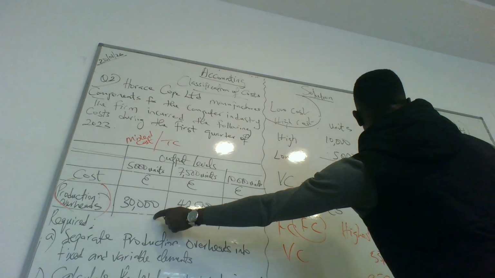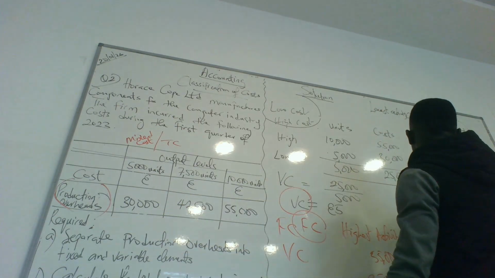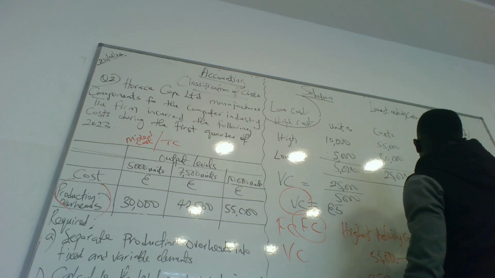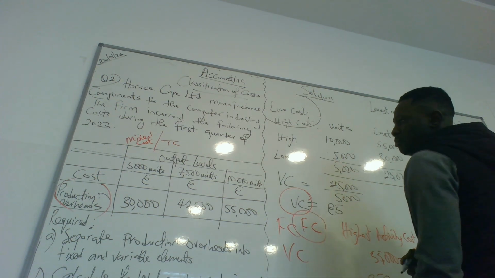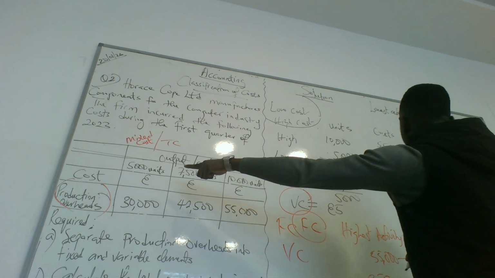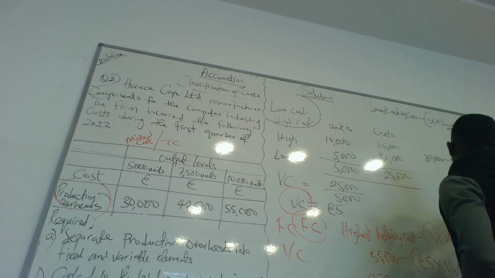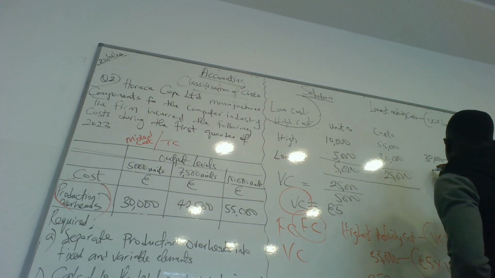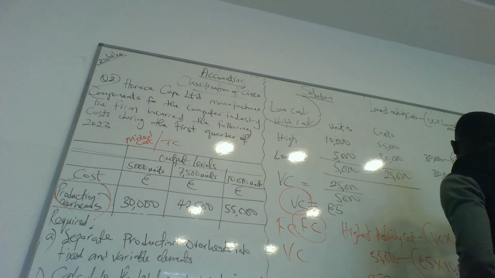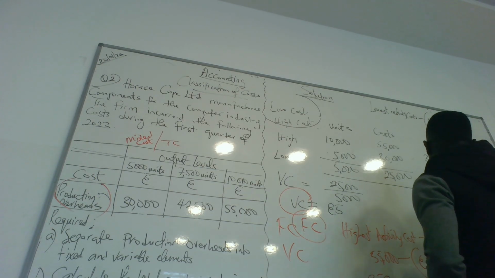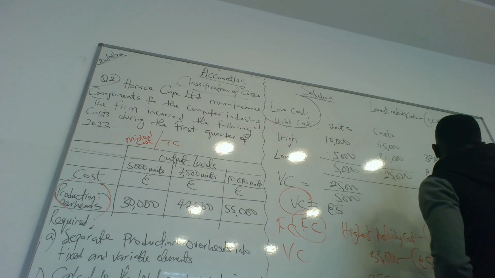Cost, so 30,000. 30,000 minus 5 euros multiplied by 5,000 units. So that's 30,000 minus 25,000 euros. So our fixed cost is still 5,000.